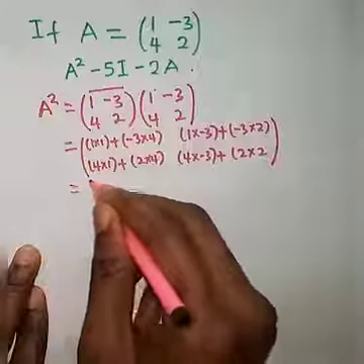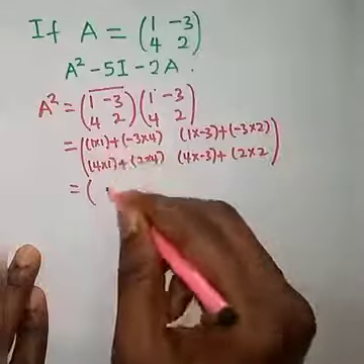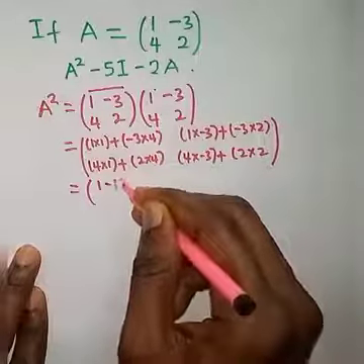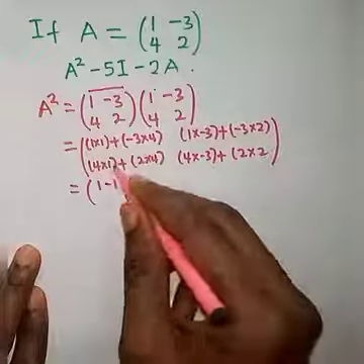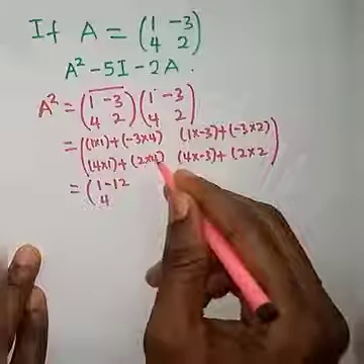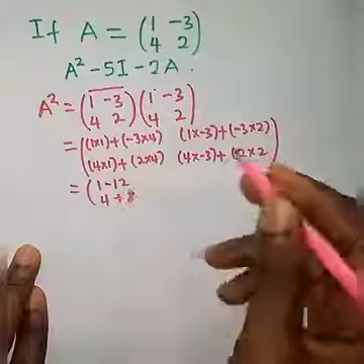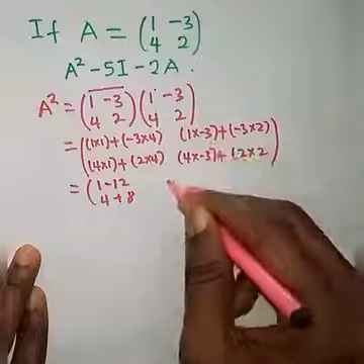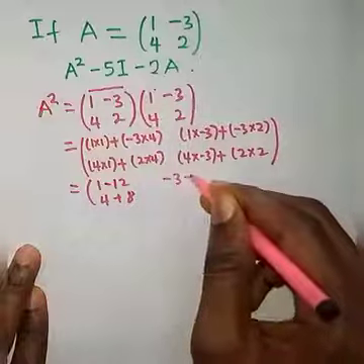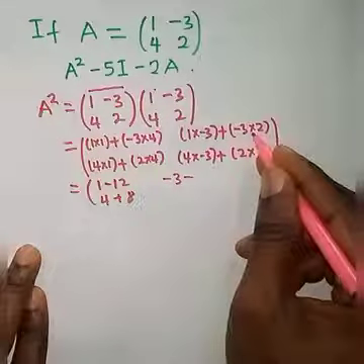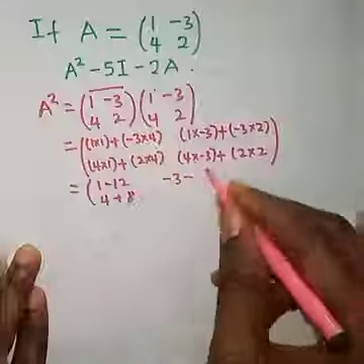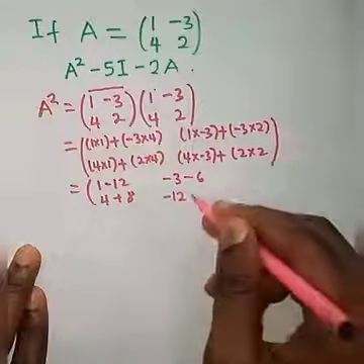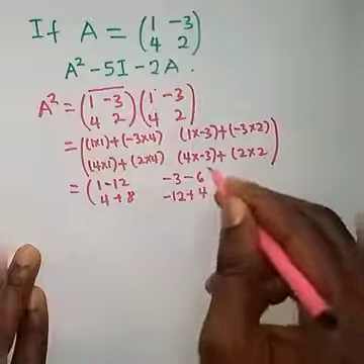And this gives 1 times 1 is 1, minus 3 times 4 is minus 12. 4 times 1 is 4, 2 times 4 is 8. Here we have 1 times minus 3, that's minus 3. Minus 3 times 2 gives minus 6. 4 times minus 3 is minus 12. 2 times 2 is 4.